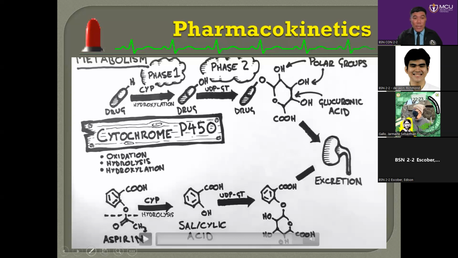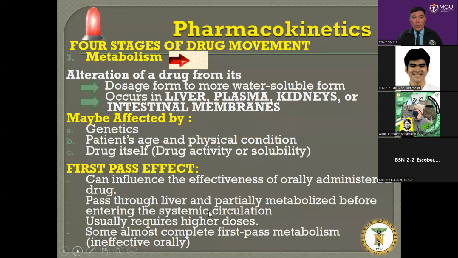So next po, let us now take into consideration that metabolism is an alteration of a drug from its dosage form to a more water-soluble form. Usually, metabolism is processed through the liver, plasma, kidneys, or intestinal membranes.